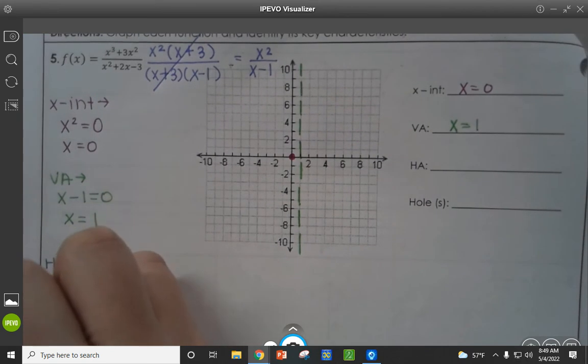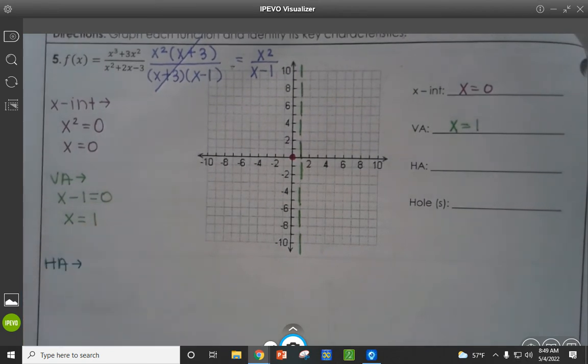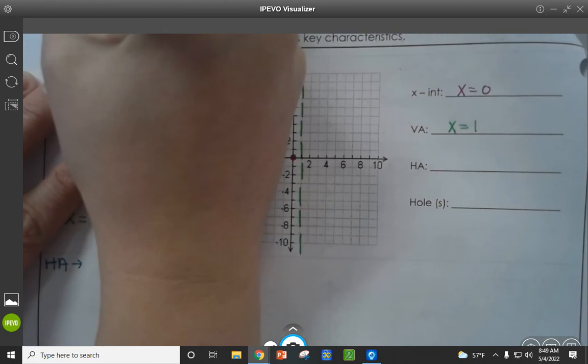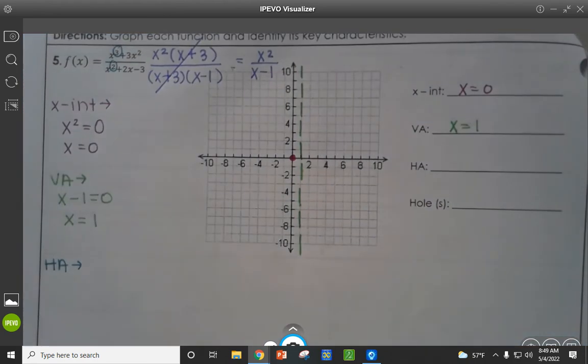A horizontal asymptote. That's where we look at the degrees. Are the degrees the same? No. This one has a degree of 3. This one has a degree of 2. So the numerator degree is larger.